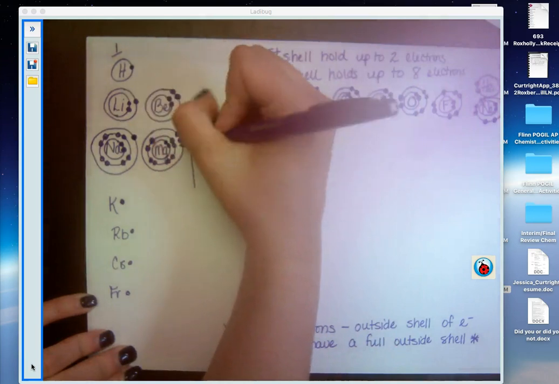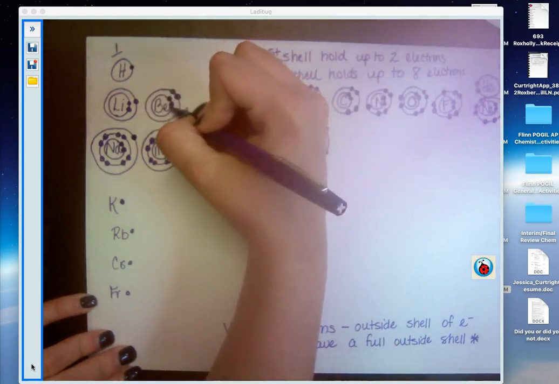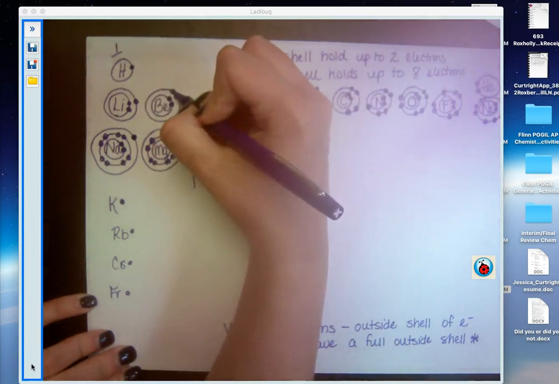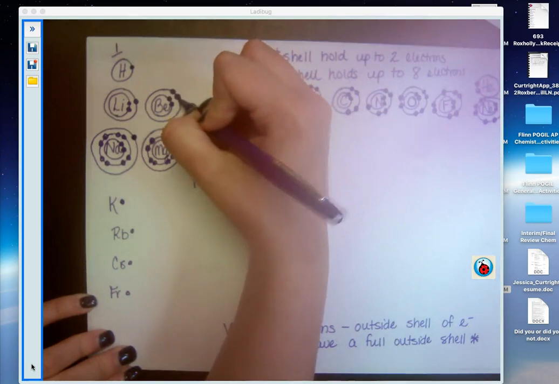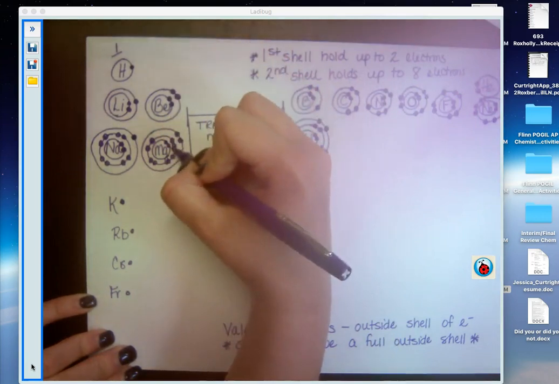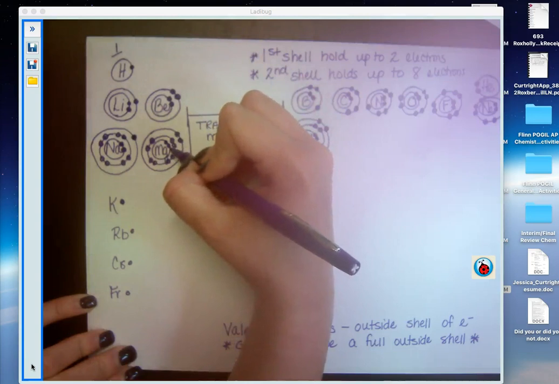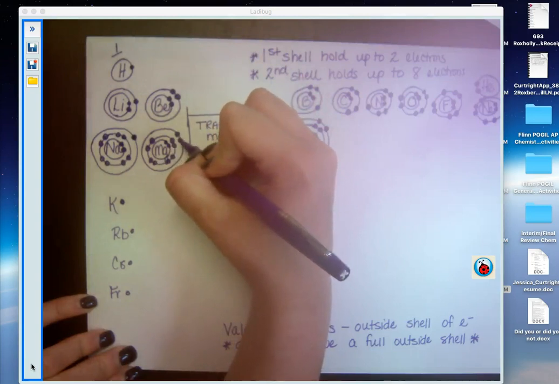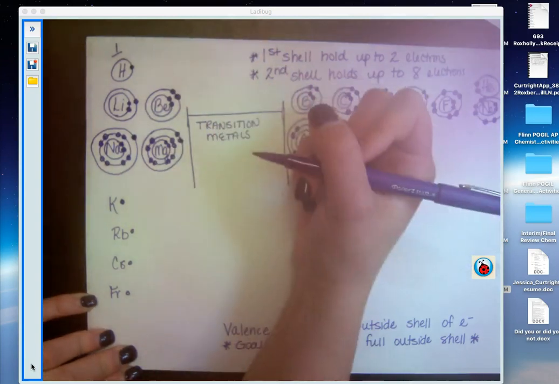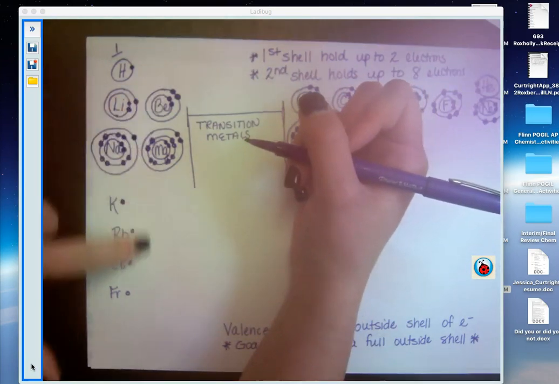Now, if you go to group 2, you've got 4 for beryllium, 4 total. How many valence? 1, 2. Go down to magnesium. How many valence are there? No matter how many total electrons, there are 1, 2. That means you could probably predict a trend in this group right here.